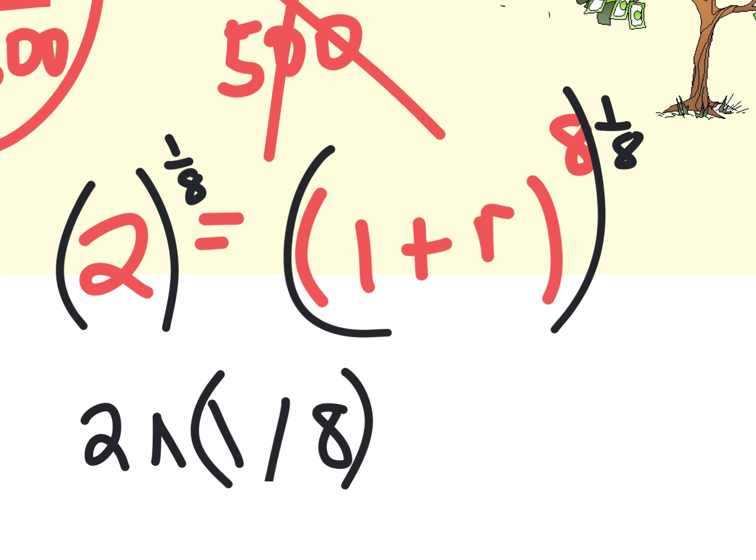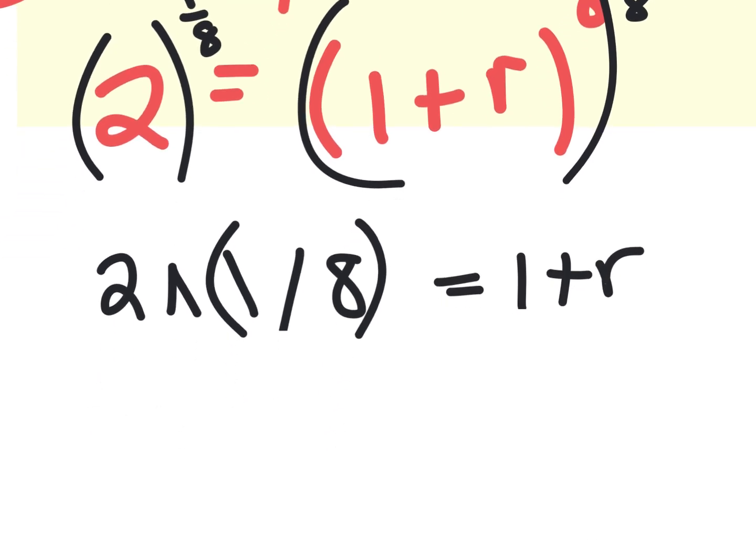That'll make sure you actually do 2 to the 1/8 instead of 2 to the 1, and then divide by 8. From here, if you can't solve this, it's probably because you don't know how to use your calculator. So take a second, use the calculator. You can use your iPad's calculator if you need to.